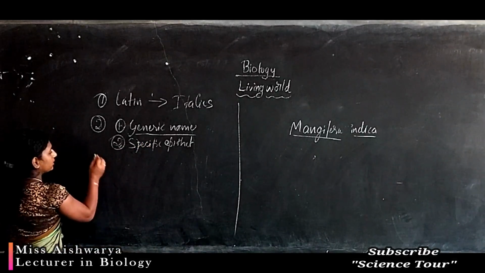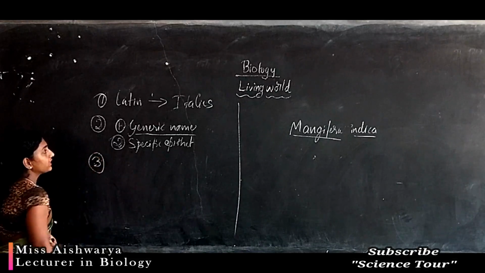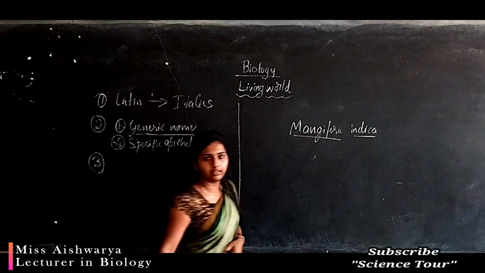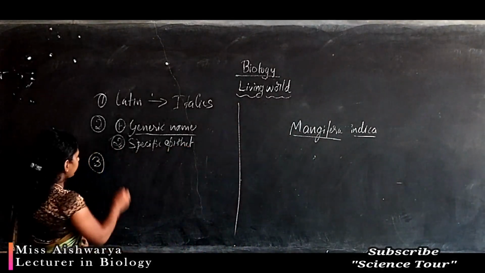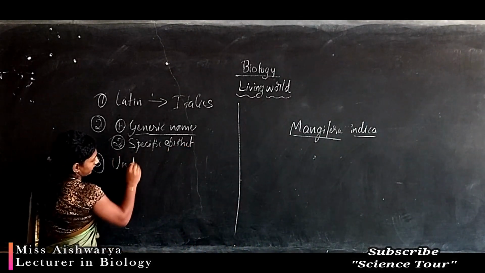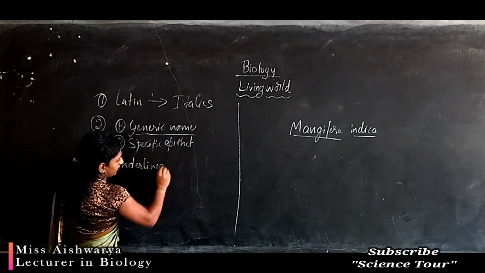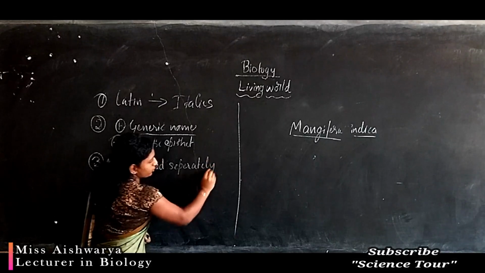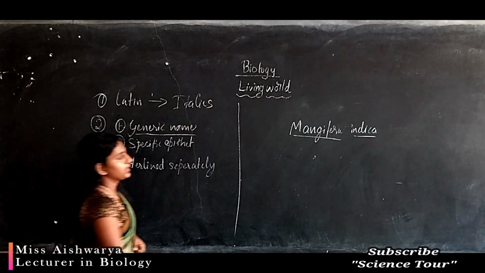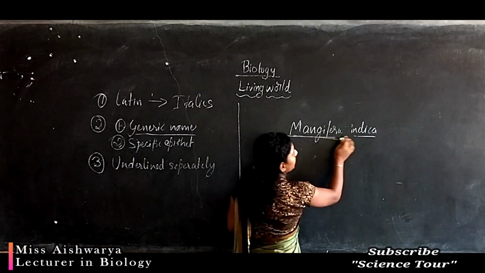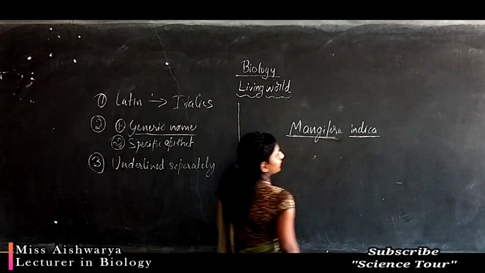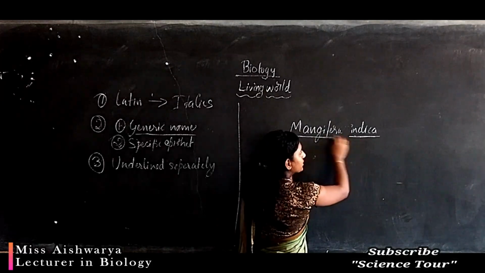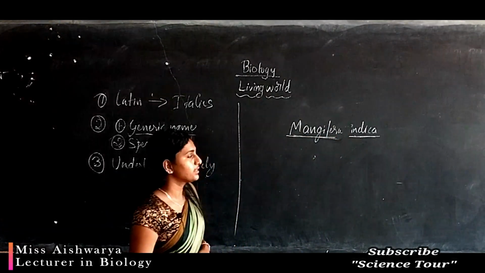The third point is, if the scientific name is handwritten, it should be underlined separately. It should be underlined separately like this. The genus name and species name will be underlined separately.